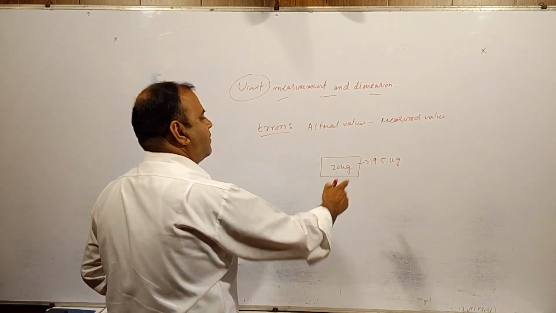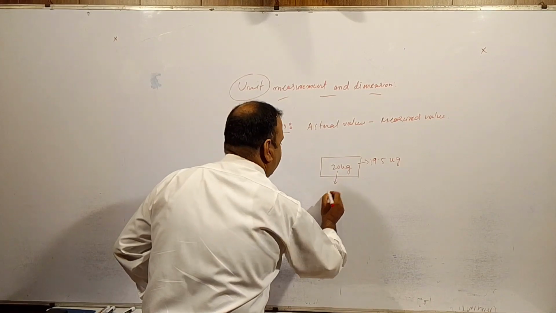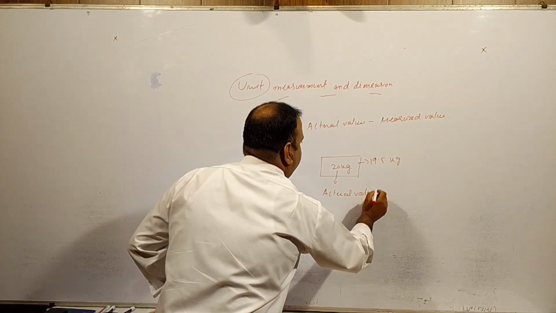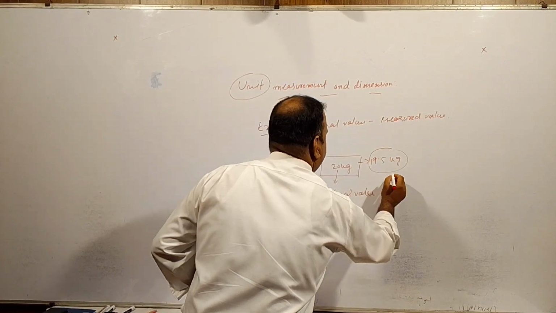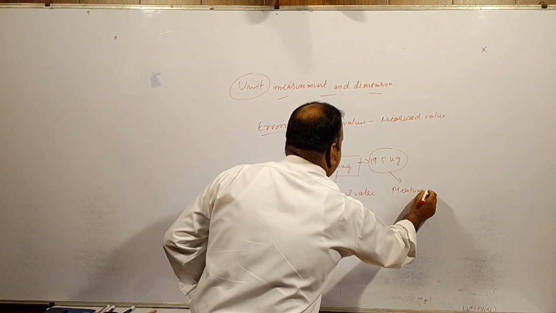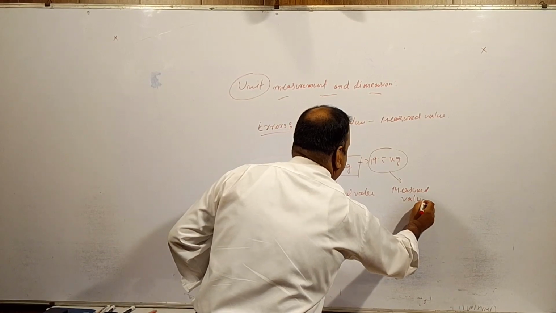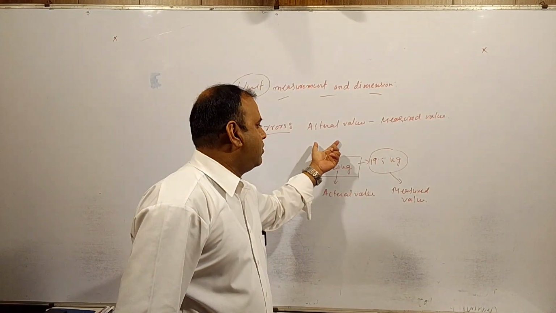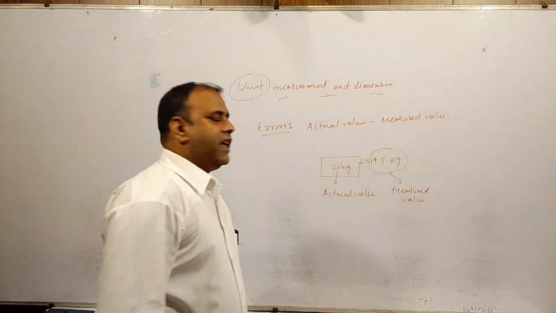So this 20 is called the actual value, and this 19.5 is called the measured value. The difference of actual value and measured value is called your error.